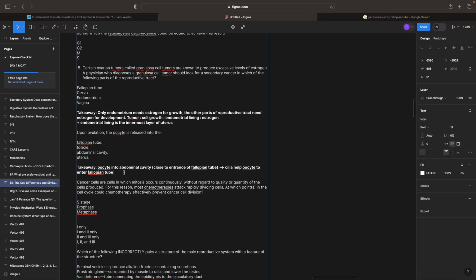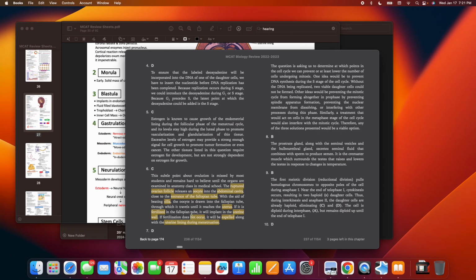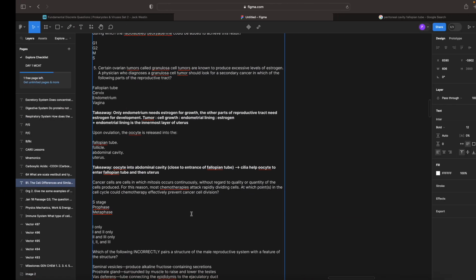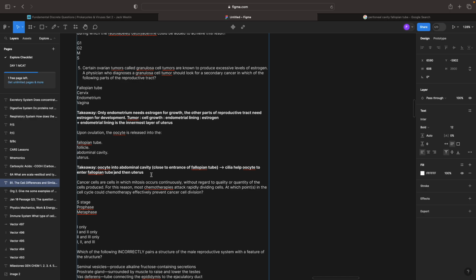But the fertilization happens in the fallopian tube. So, yeah, and then uterus.